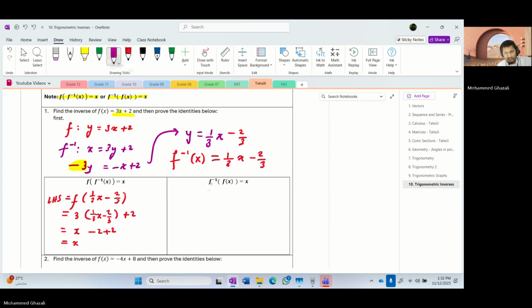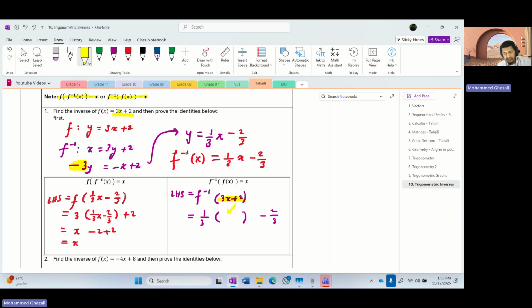Next one. What is f inverse f of x? Is it equal to x? So let's prove the left hand side. Left hand side is f inverse. What is f of x? 3x plus 2. Now we are substituting 3x plus 2 inside the inverse function. The inverse function is 1 over 3x minus 2 over 3. But what is x? x is 3x plus 2.